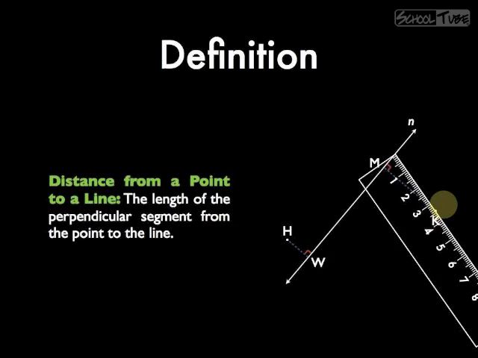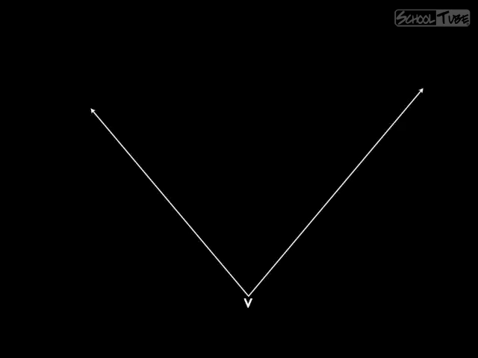So the reason why we want to use the perpendicular length is because it is the shortest length from the point to the line. Because we want to talk about the angle bisector theorem, I'm going to start by constructing an angle bisector to angle V here. So we're going to make an arc with our compass at V, and we're going to label the points where the arc intersects the angle, points A and B. And then I am going to take my compass point and put it on A and make an arc.